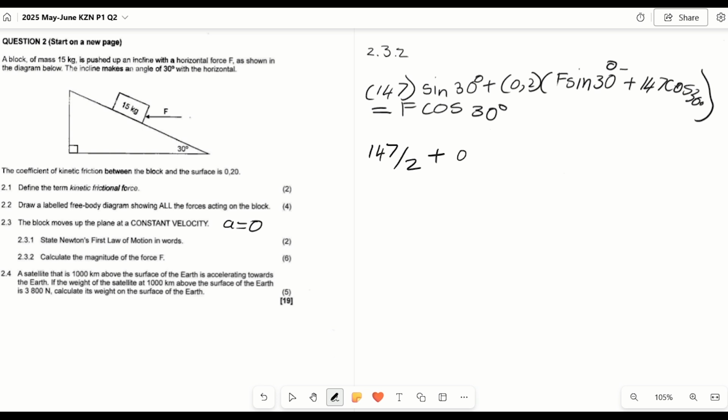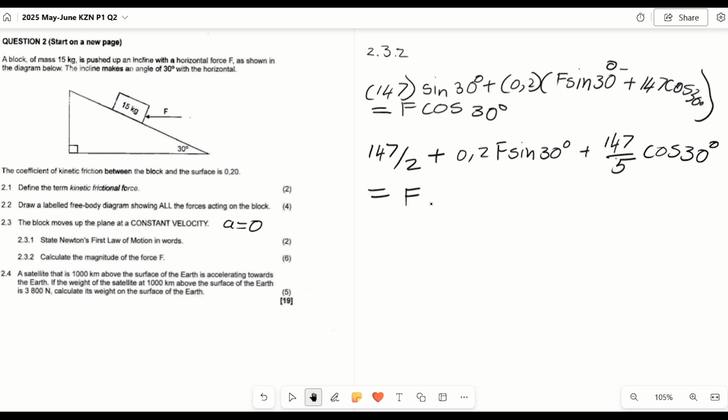So it'll be 0.2 F sine 30 and 0.2 times 147. 0.2 times 147 equals, I'm gonna leave it as a fraction, 147 over 5, because that's 0.2, cos 30 degrees, and that all equals F.